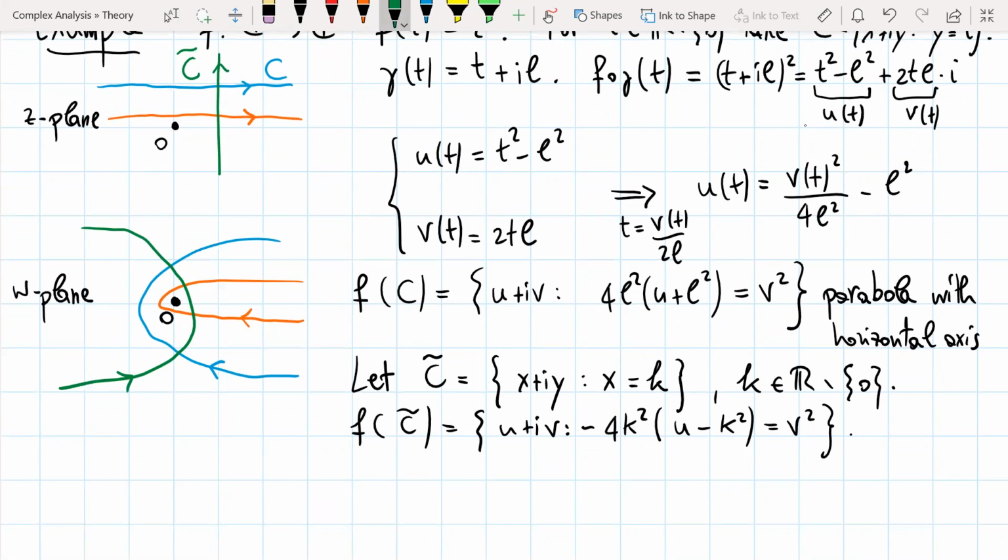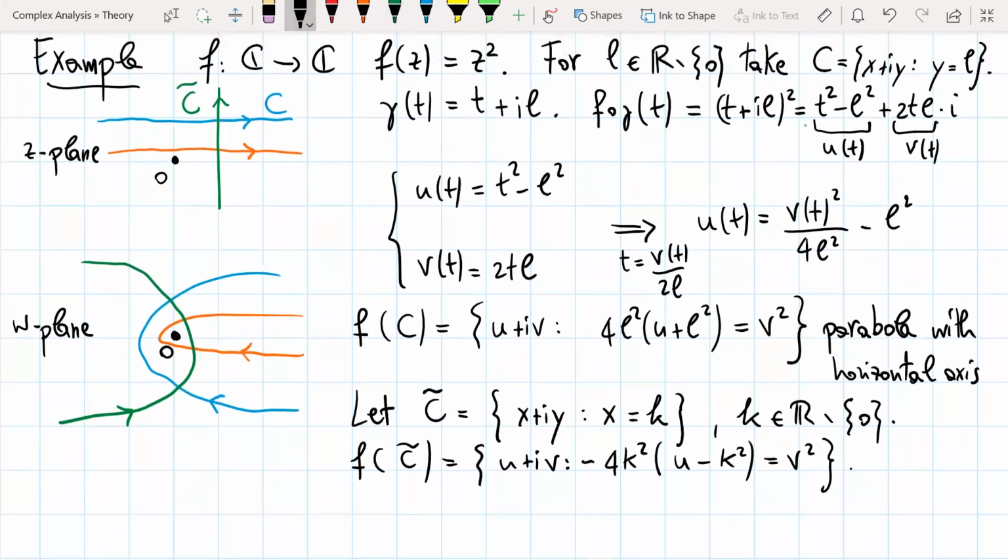So we have something like this. This is also very interesting because, for example, notice that these two curves, C and C tilde, have one intersection point, small c here. But the corresponding curves in the w plane have two intersection points.